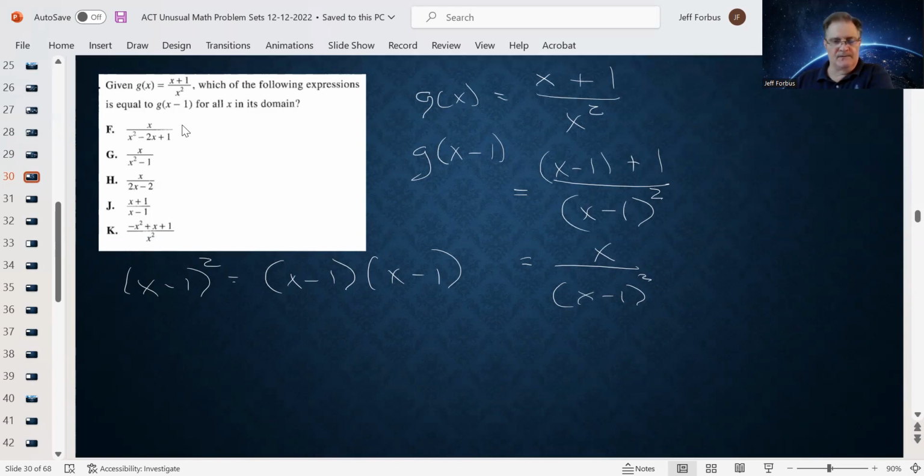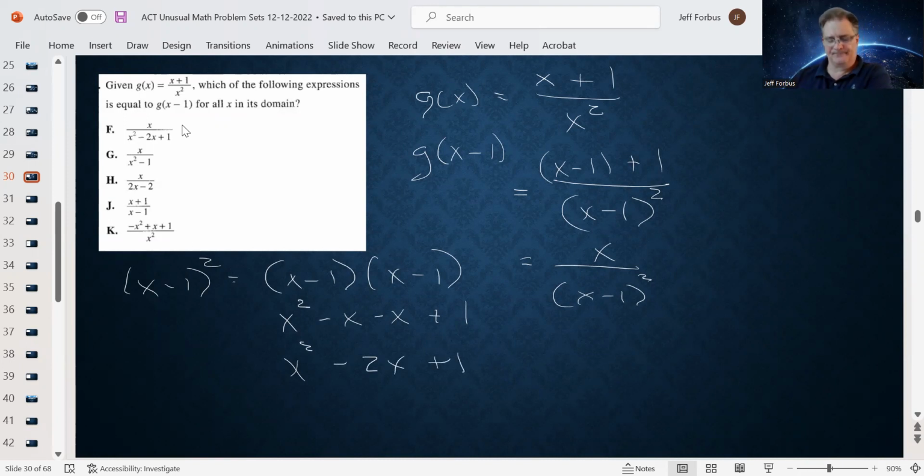So let's work this out. x times x is x squared. x times the negative 1 is negative x. Negative 1 times x is negative x. Negative 1 times negative 1 is plus 1. So let's clean this up: x squared, negative x and negative x is minus 2x plus 1.